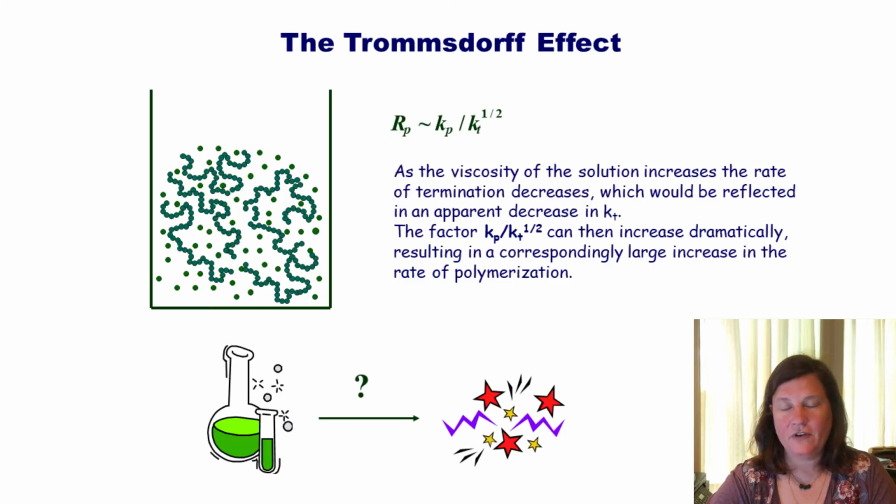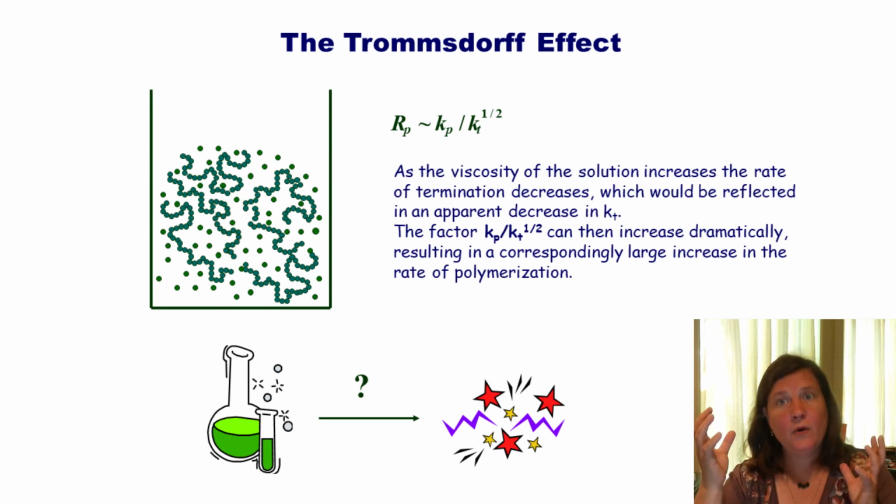The Trommsdorff effect is really important to understand because it can cause your reaction to run out of control. So as your polymerization reaction proceeds, you're converting more and more monomer into polymer. And we all know that polymers are really big, really long.